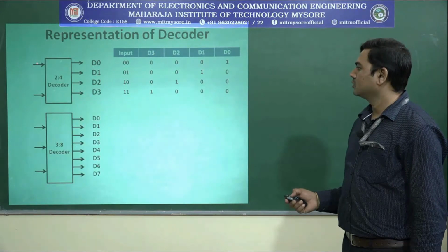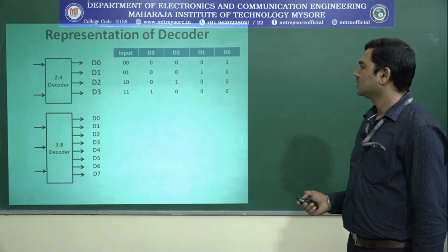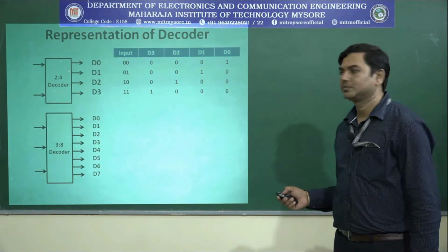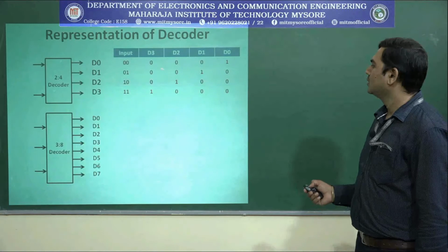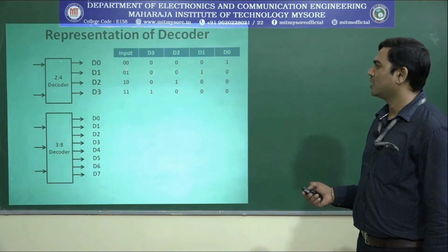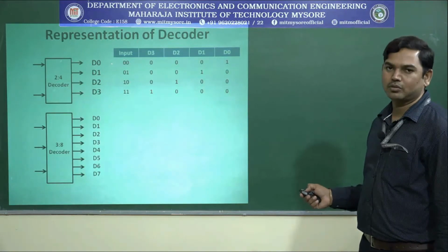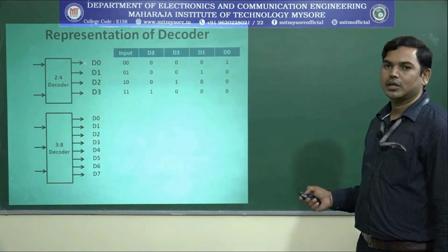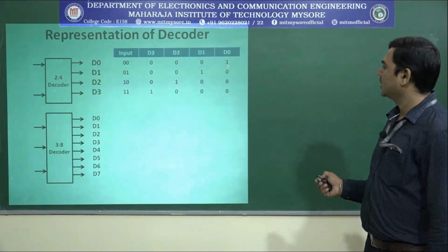Now, let us understand how this decoder works. If the input has got an index 0, 0, a binary 0, 0, then the 0th channel should respond. So, it is equivalent to me calling roll number 0. Then this fellow D0 knows that his roll number is 0 and he will say yes sir.